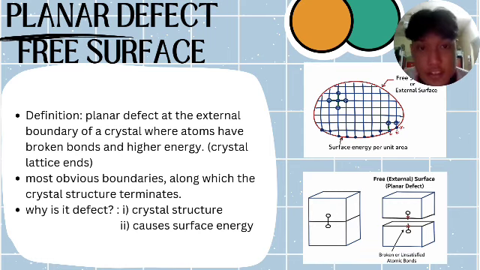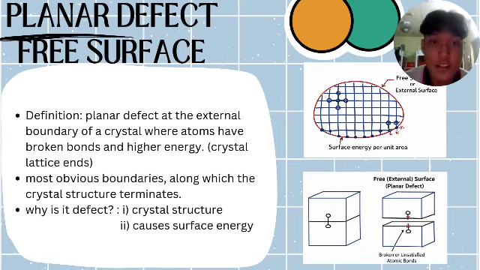As we can see in the image above, this diagram illustrates a free surface, also known as an external surface, which is a type of planar defect in crystalline materials. Inside the crystal, atoms are arranged in a regular lattice and are fully bonded to their neighboring atoms.